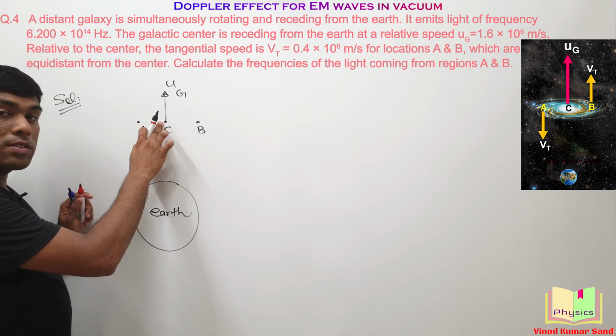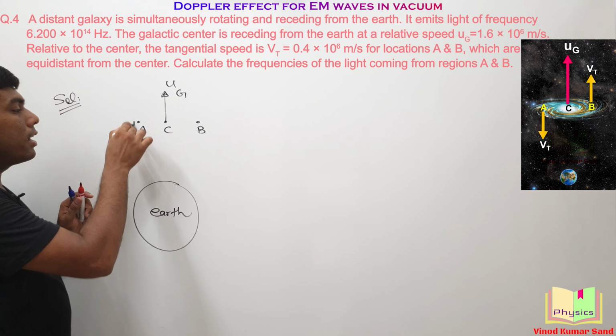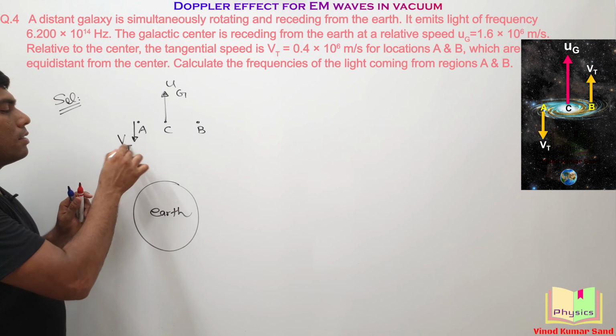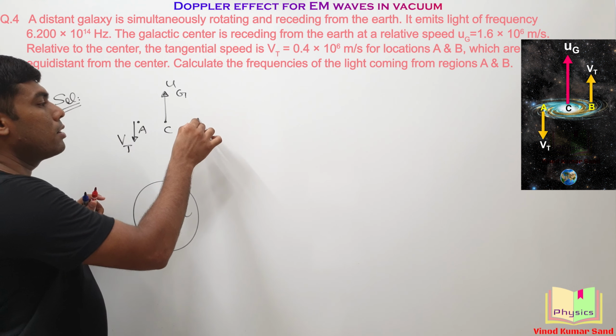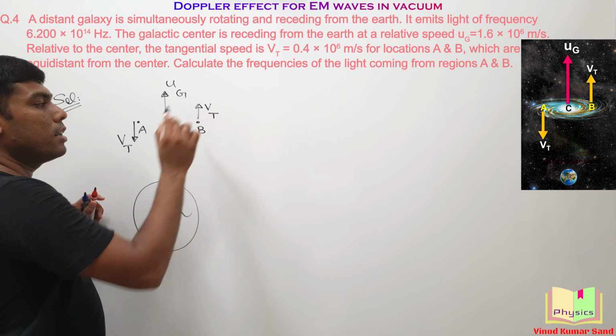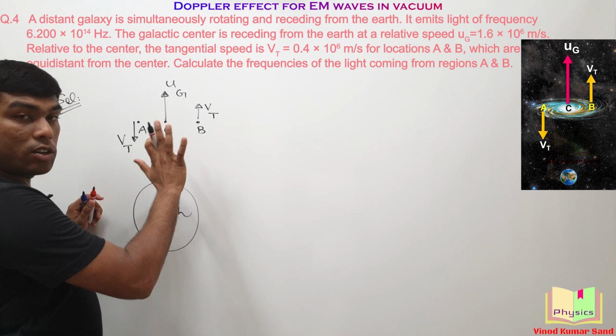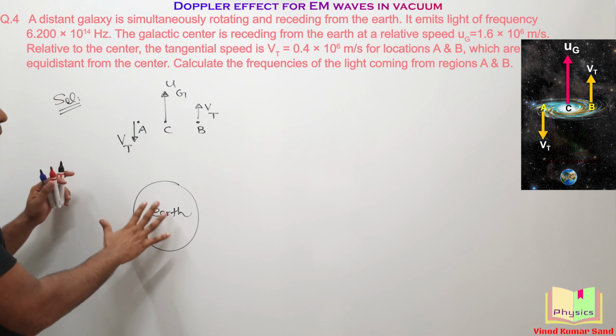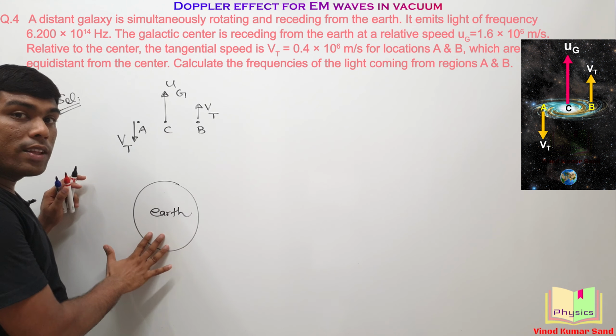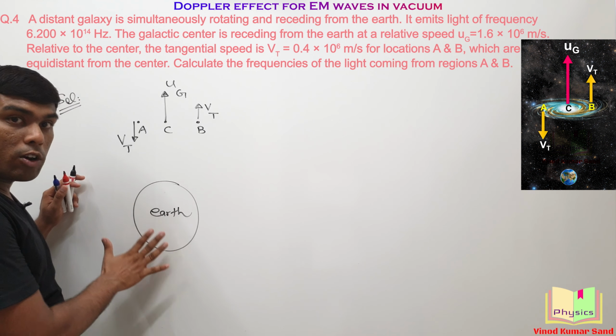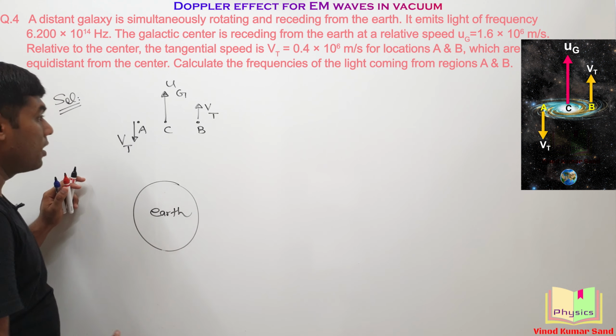With respect to the center of the galaxy, point A has the speed Vt in this direction and point B has the speed Vt in this direction. Got it? We want to determine the relative speed with respect to the Earth. Our observer is situated on the Earth.